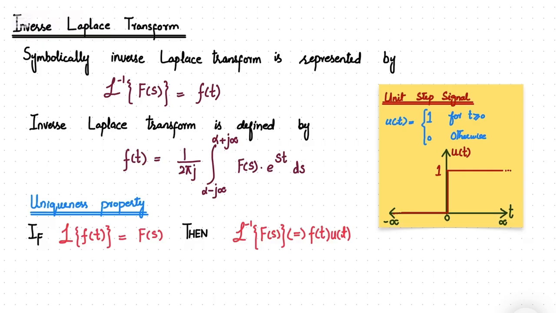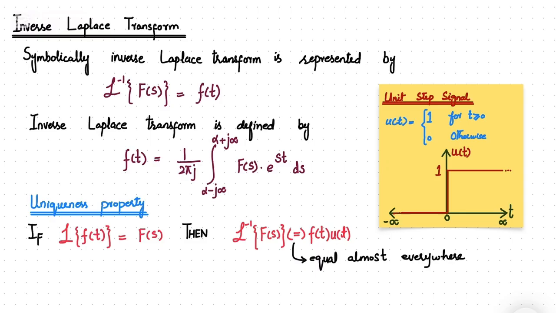So the inverse Laplace transform of F of s is equal almost everywhere to f of t into u of t.